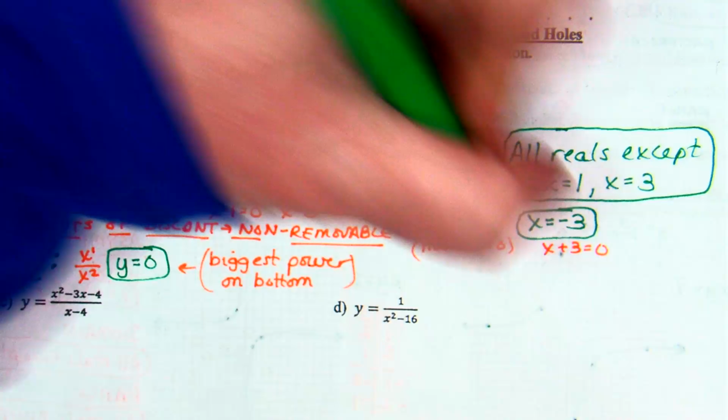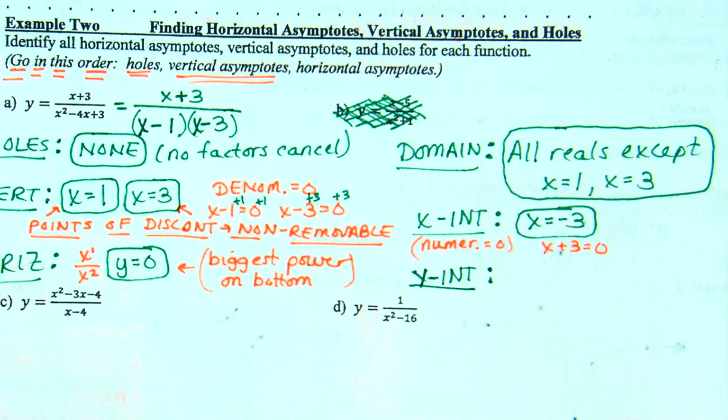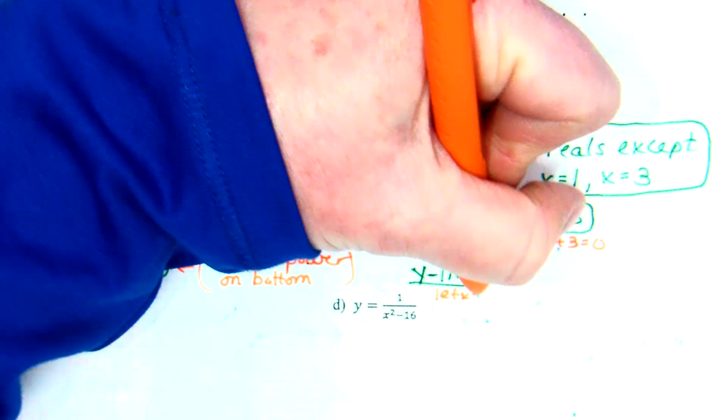How do we find a y-intercept? A y-intercept is going to happen when x equals 0. That says let x equal 0. My let and x kind of went together, but I promise that's what it says. So that means you go back to either your original equation or your factored equation and put 0 in for x.